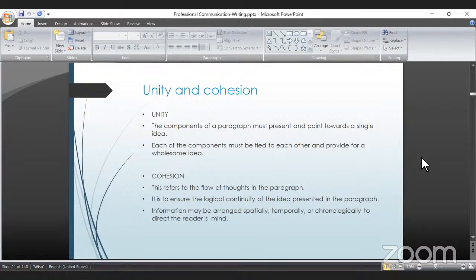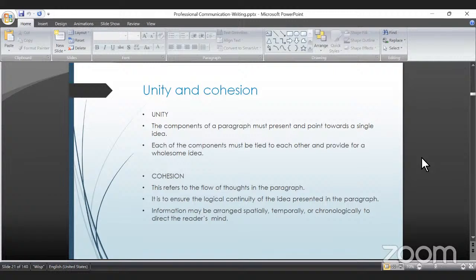Now, what is unity? Unity simply refers to talking about and elaborating on that one single point or the main idea of the paragraph, whatever your topic is. Unity is achieved through maintaining that one single point or main idea throughout the paragraph. You are not allowed to talk about more than one idea per paragraph.